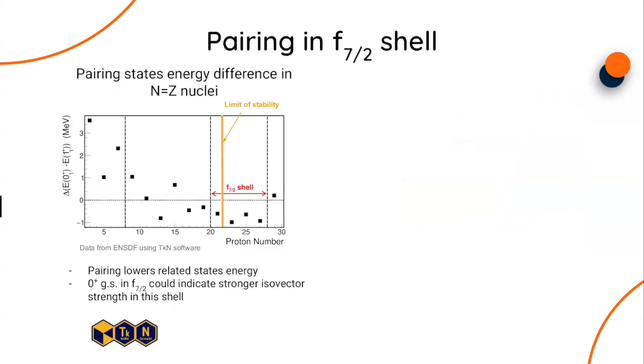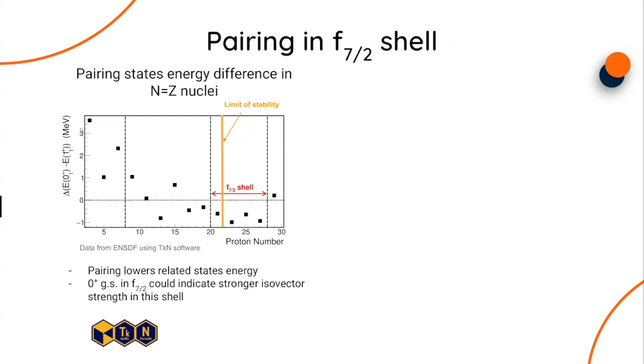So, pairing in the f7/2 shell. What is specific about the f7/2 shell, and why do we want to study pairing here? We have shown that in the previous shells, this kind of study has already been made. What is interesting in the f7/2 shell is that there is most likely a change of trend for proton-neutron pairing. Here I'm showing the difference in binding energy between the first 0+ and the first 1+, corresponding to the first isovector and first isoscalar states.